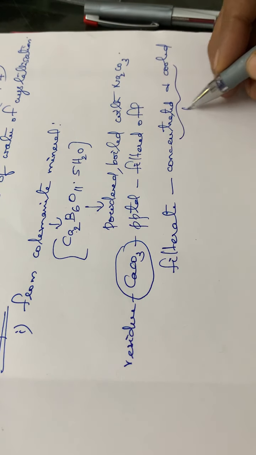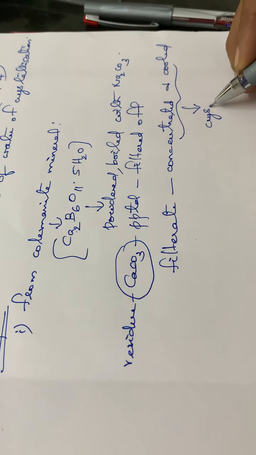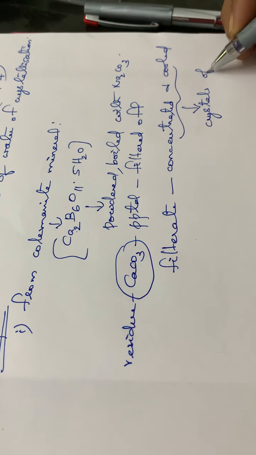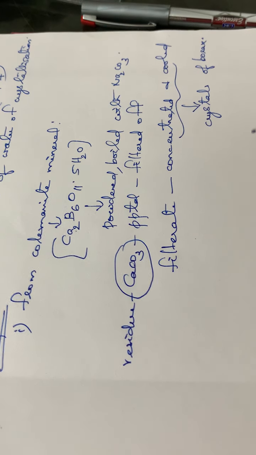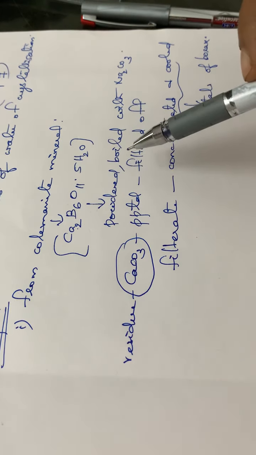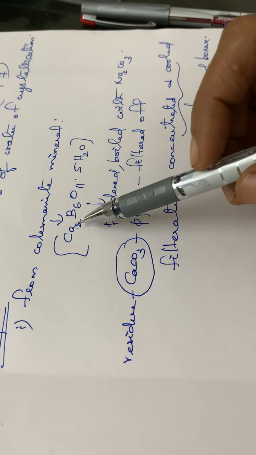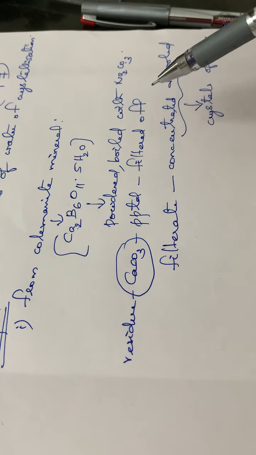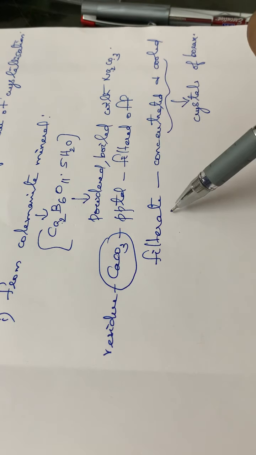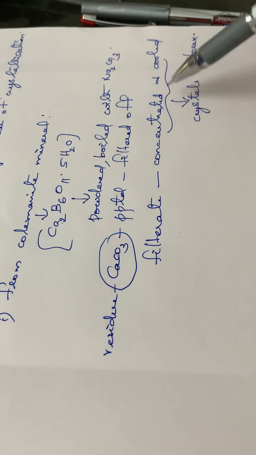So the colemanite mineral is powdered, then boiled with sodium carbonate. While boiling, the calcium carbonate is precipitated and removed by filtration. Then the solution is concentrated and cooled, and we have crystals of borax.